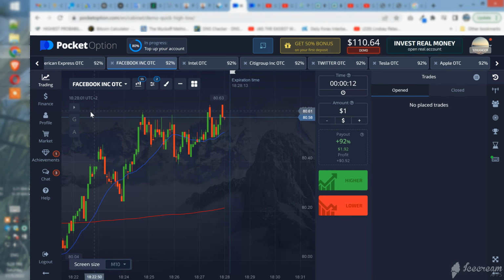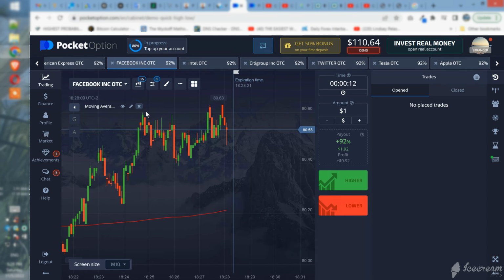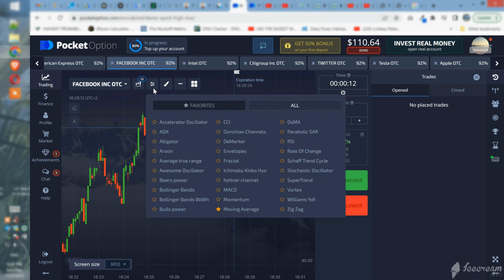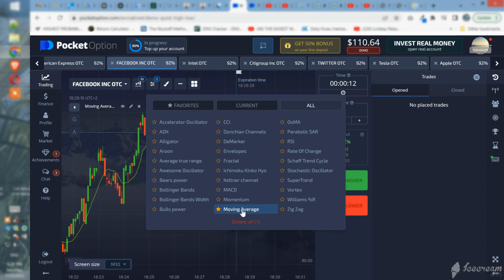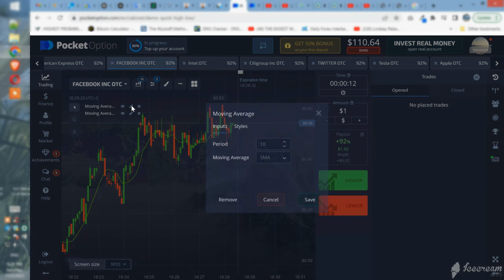The way how you put them on, this is the indicators button. So basically first I remove them, and now we'll go to indicators, moving average, second time click, because we want to then go adjust, edit.